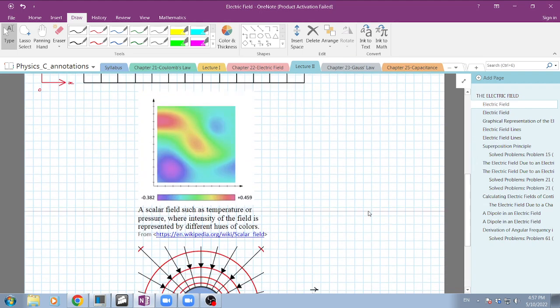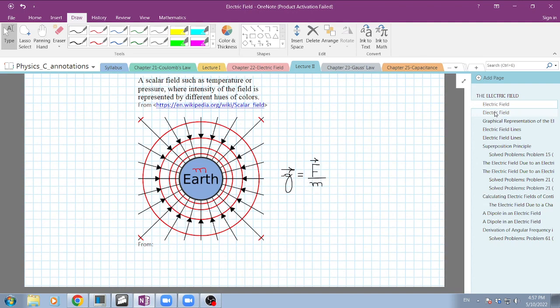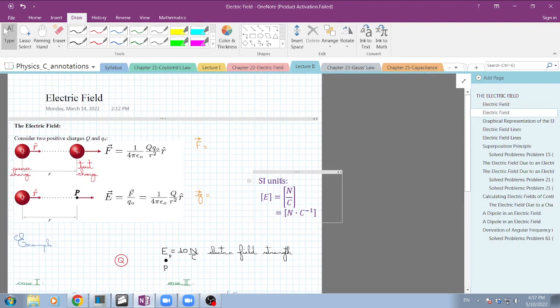So what now comes to the present class? We are going to talk about the electric field. What is that? Let's go back just a little bit and remember what you are trying to solve here, what exactly we are trying to quantify and determine.